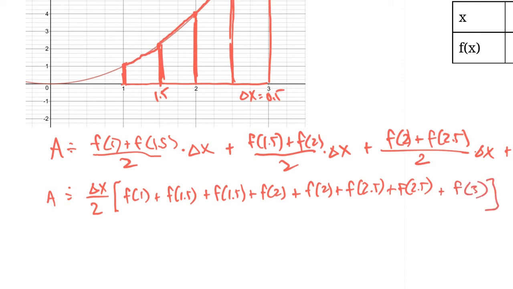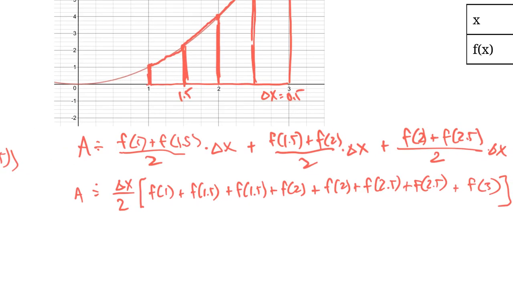Now you might see a little bit of a pattern here. Do you see how 1.5 is used twice, 2 is used twice, 2.5 is used twice? And this is always going to happen with the trapezoidal ones because this, for example, is used by this trapezoid as well as this trapezoid, right? So we can actually further simplify this, and this is a pattern.